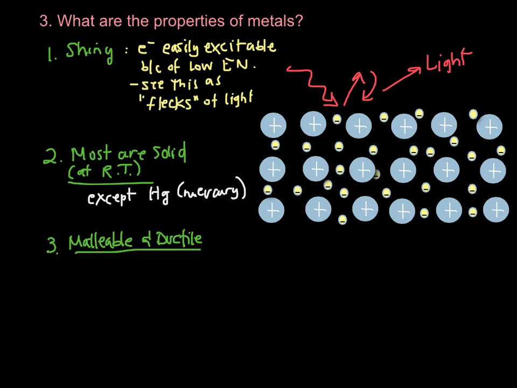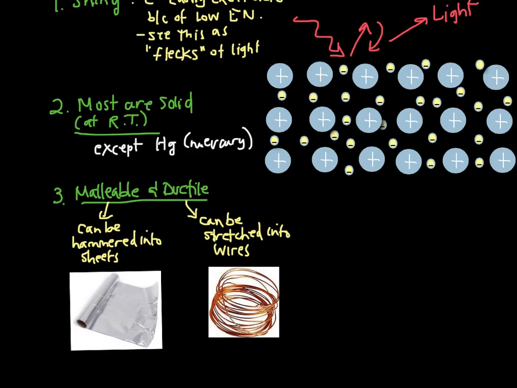All right, so most metals are malleable and ductile. So malleable basically just means that you can take a hammer and you can hammer a metal into sheets. They don't shatter. And ductile means that you can stretch metal into long wires.